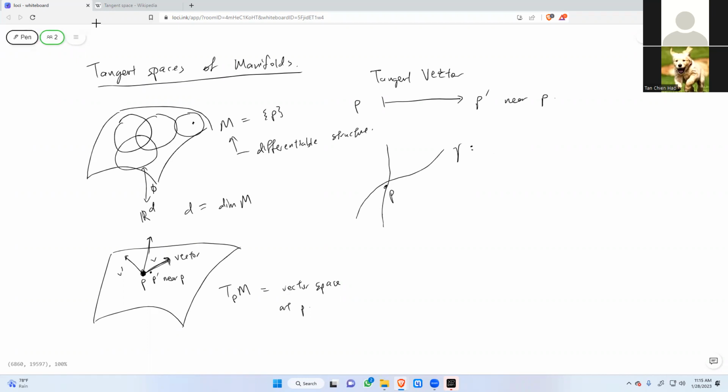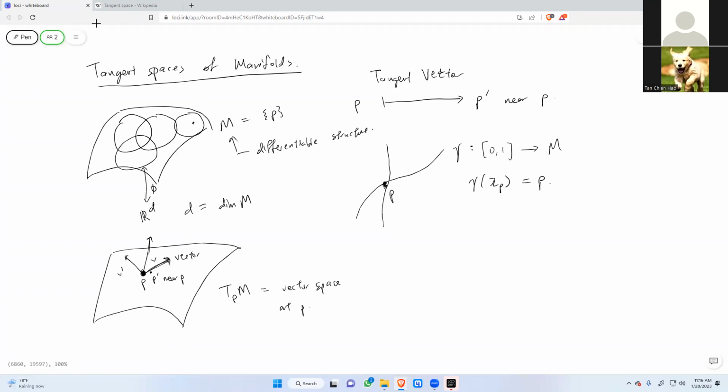Each one of these curves is actually a map from the interval 0, 1 to a point on the manifold M. And there's going to be some value in the domain of this curve gamma, let's just call it lambda p, which gets mapped to the point P on the manifold.